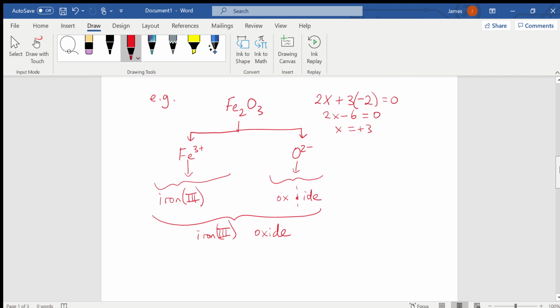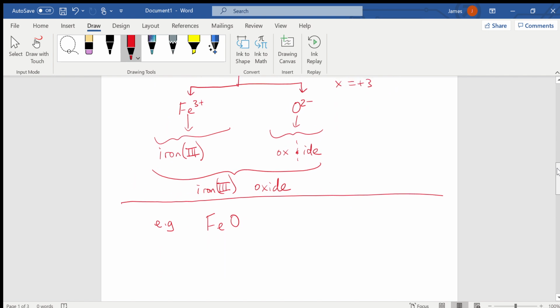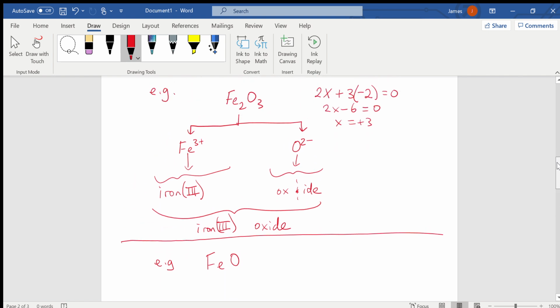So if that's iron 3 oxide, let's have a look at another type of compound that has iron and oxygen. What about FeO? Here's a different ratio. So between these 2 compounds, this is a multiple of proportion, so that's definitely not this video, that's another video. But let's see what the charge on this guy would be.